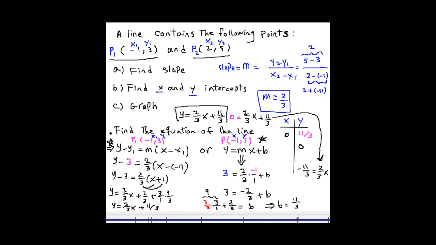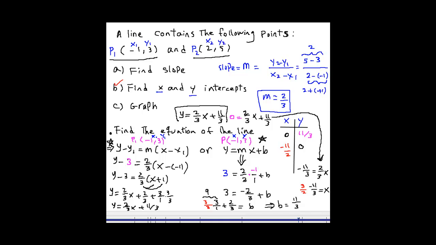Multiply both sides by 3/2. It would be 3/2 times minus 11 over 3. That's your x. So it would be minus 11 over 2 when I reduce this. So these are your x and y intercepts.